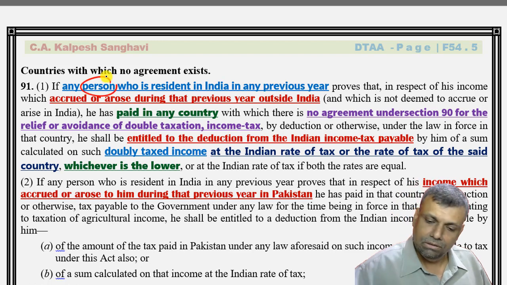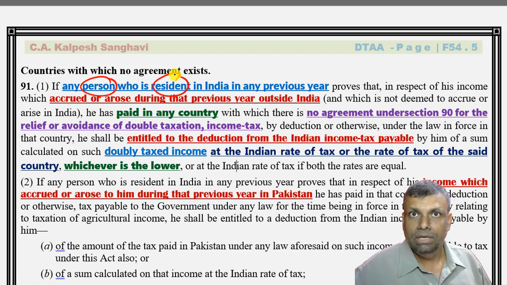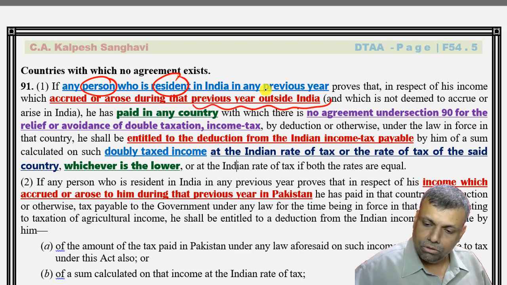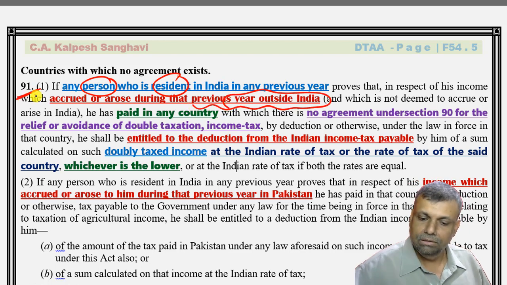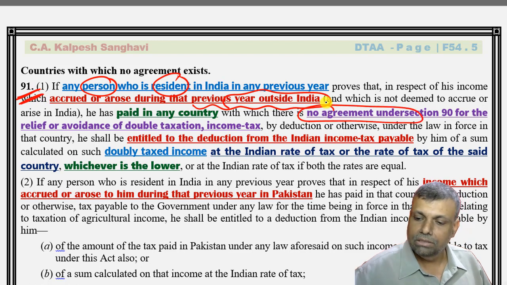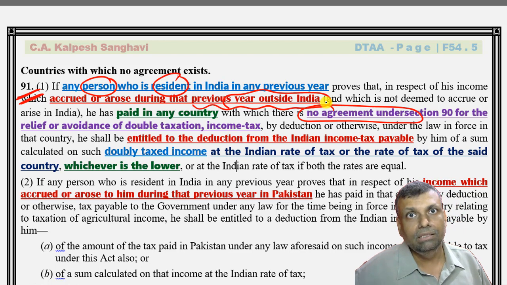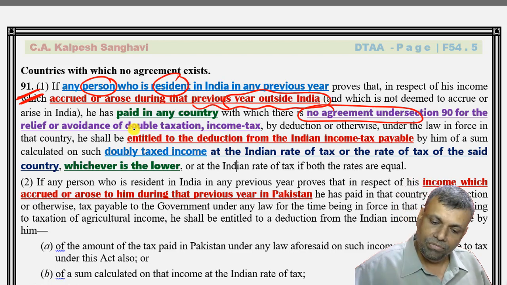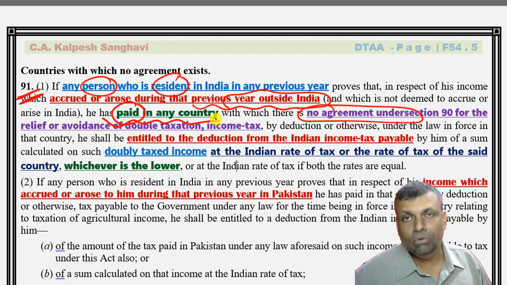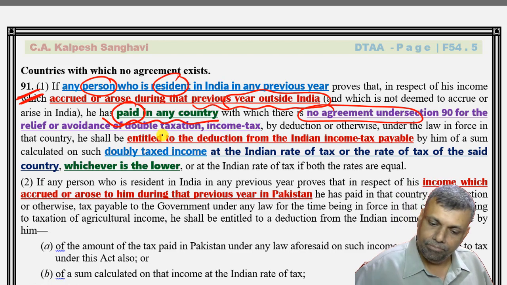Now, basic things first. Here is the Indian income, foreign income area. This is section 91. Indian country does not have any agreement. Only then this section 91 will come into picture. Then there should be tax in the particular country, for which you want some deduction, rebate, etc.